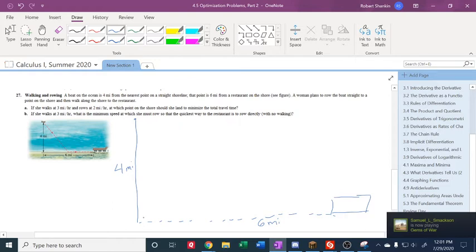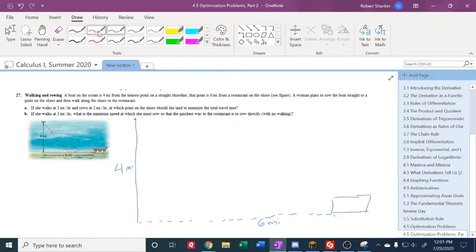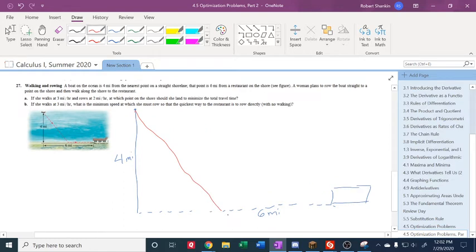When you're walking faster than you can row, you want to actually aim somewhere in between. And you won't add a whole lot of distance. This 4 miles might become just a little bit more than 4, but you'll cut off a huge amount of distance that you would have to walk, and then you walk the rest of this.